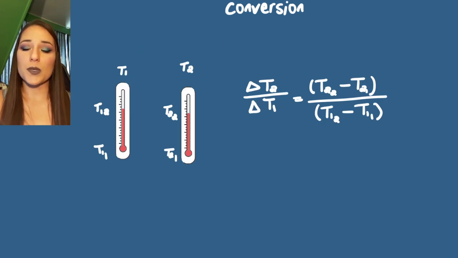And this principle or this equation can be used to derive an equation that describes 2 temperatures in terms of one another for any type of temperature scale, as long as you have 2 corresponding temperatures for each of your scales.